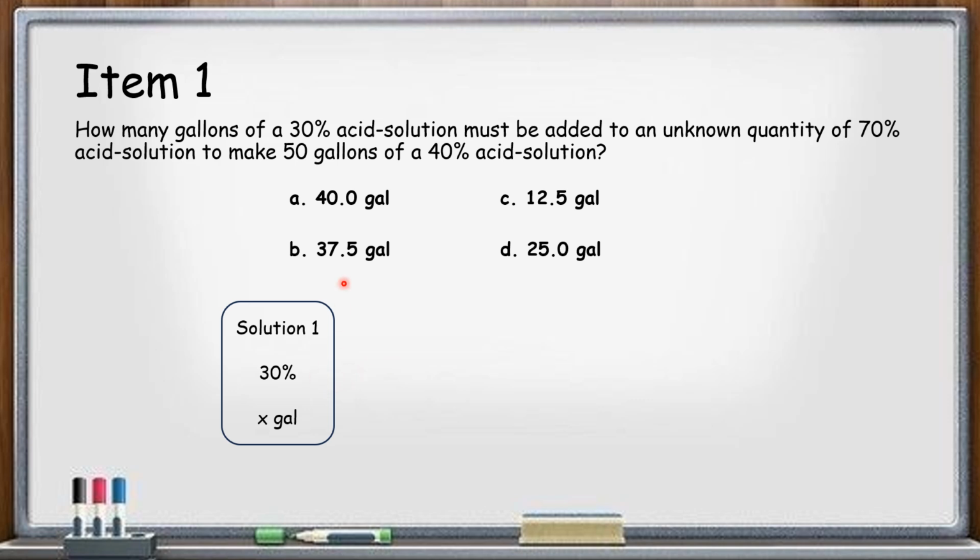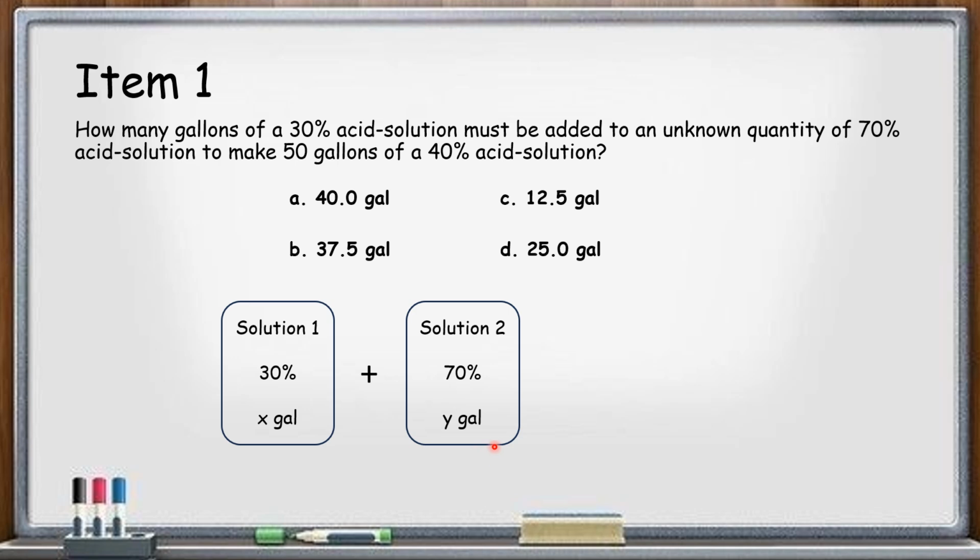For solution one, we have 30% acid solution. So we're going to put it in a box like this or any vessel shape that you want. And here we have the details, solution one. We have its percentage and we will name it as x gallon. And according to the problem, we have to add another one, which is solution two, 70% acid solution.